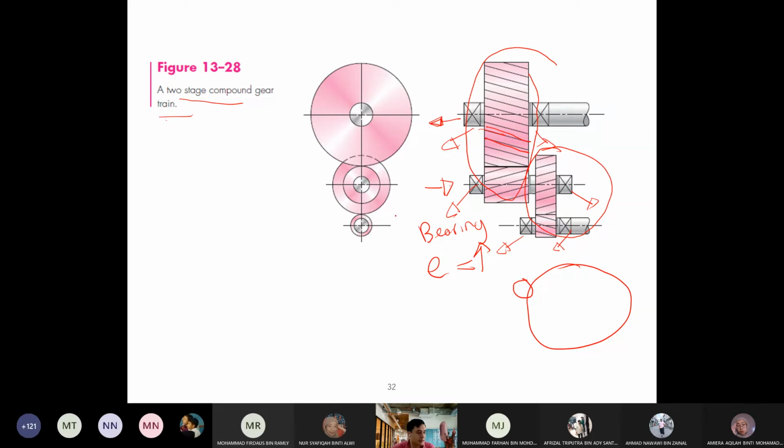Can you understand? If there are no issues, we go to the next slide. There is one more gear set which is not included in this slide.